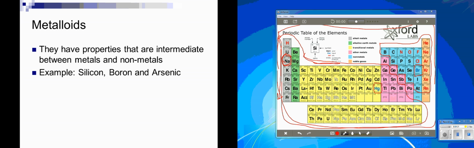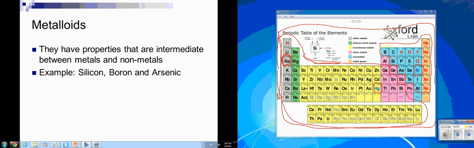And then our last group, the metalloids, have properties that are intermediate between metals and nonmetals. Examples of the metalloids would be silicon, boron, and arsenic. I'm just going to go around here with the yellow pen.